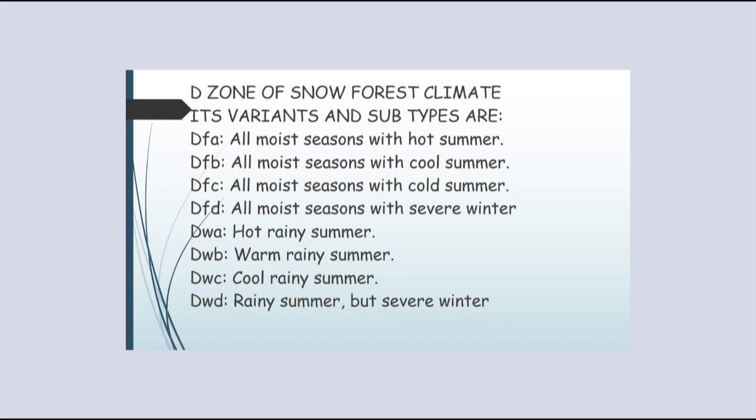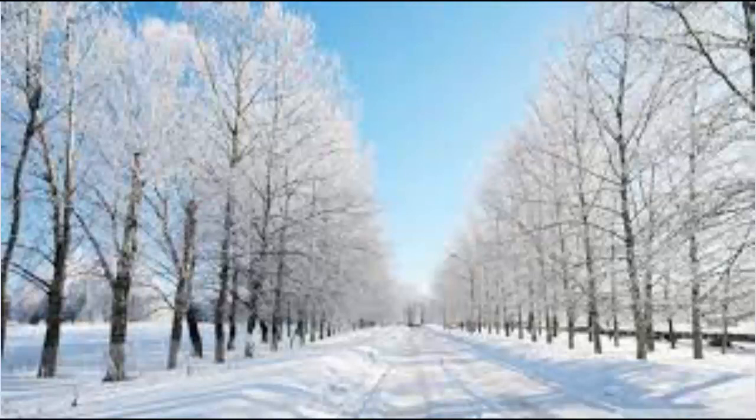Those with moist conditions all year round but marked with summers that were warm or hot were DFA and DFB, and those with very drastic or pronounced winters were DFC and DFD, which he termed snowy forest.